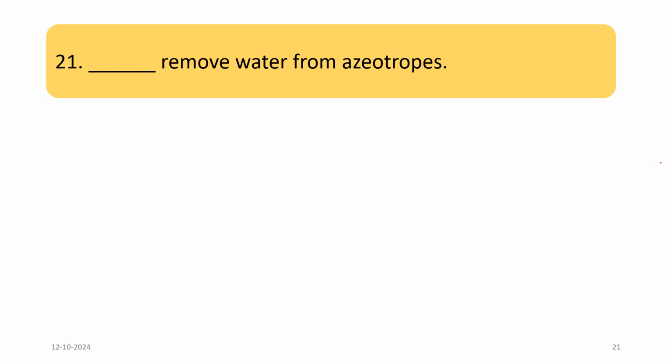Next, what are the uses of polymers and resins in adsorption?